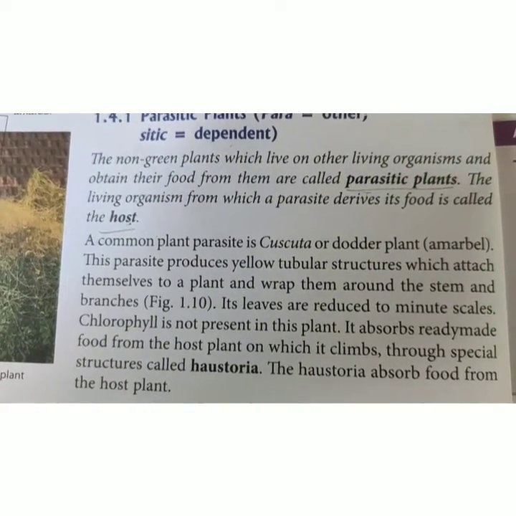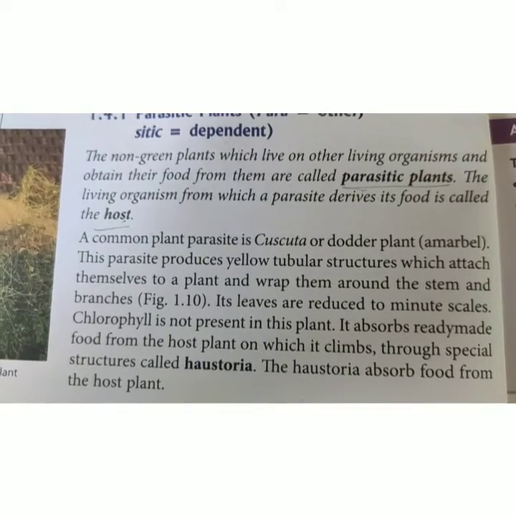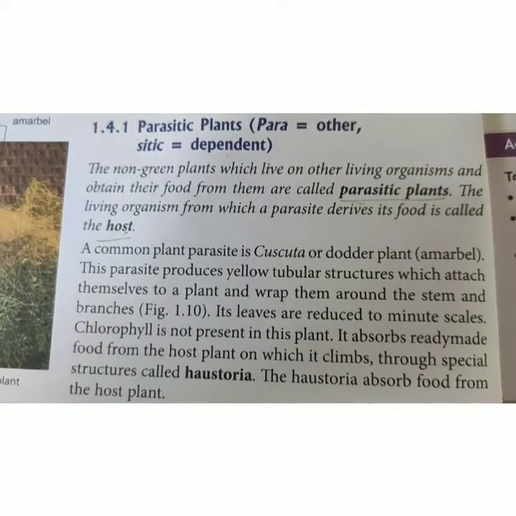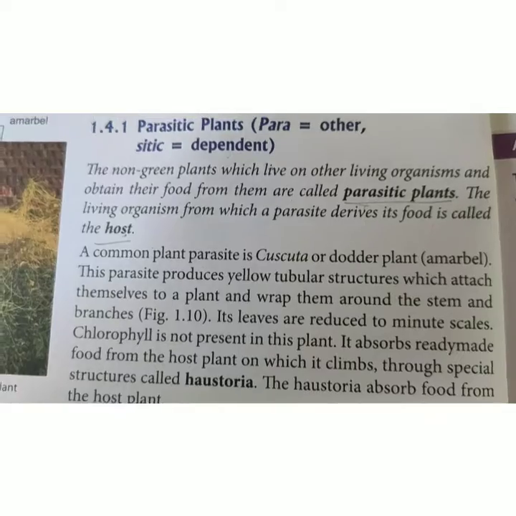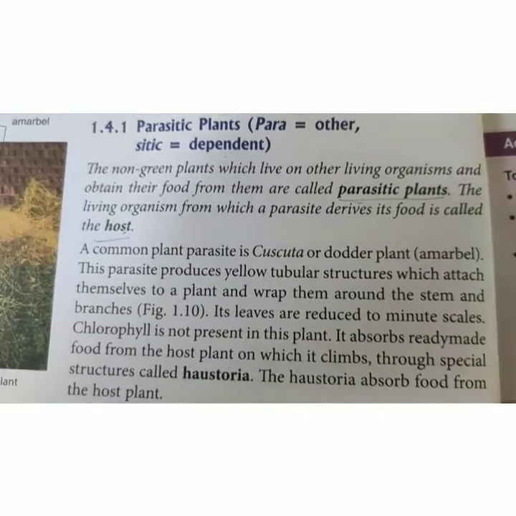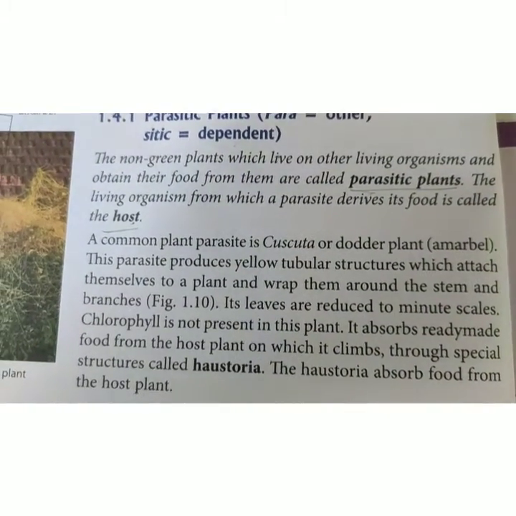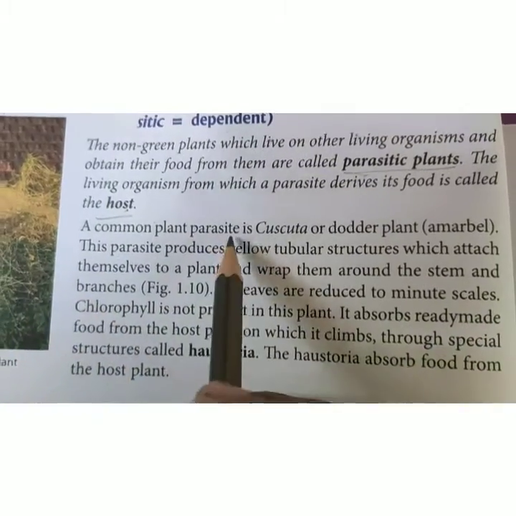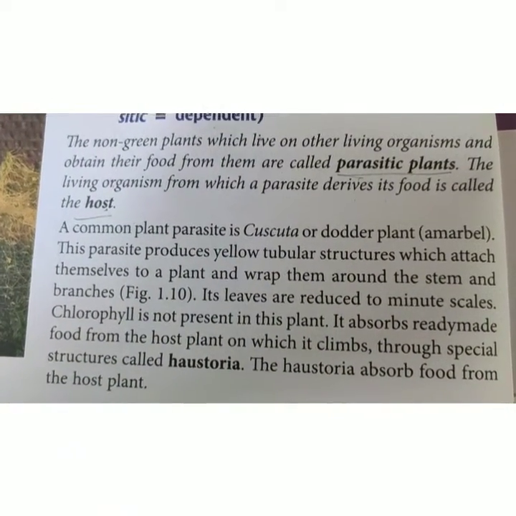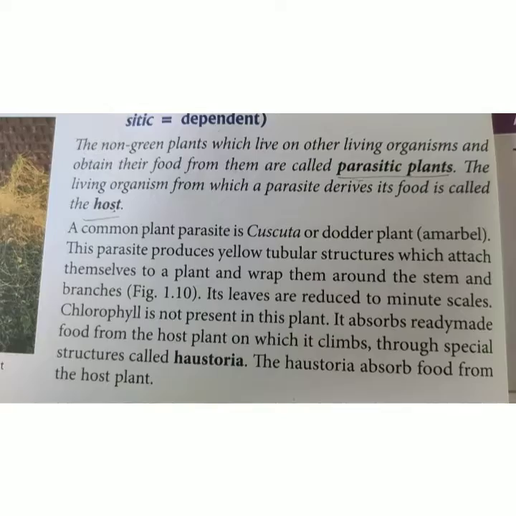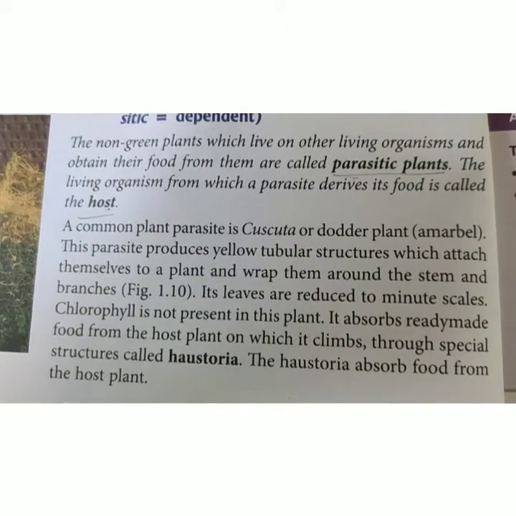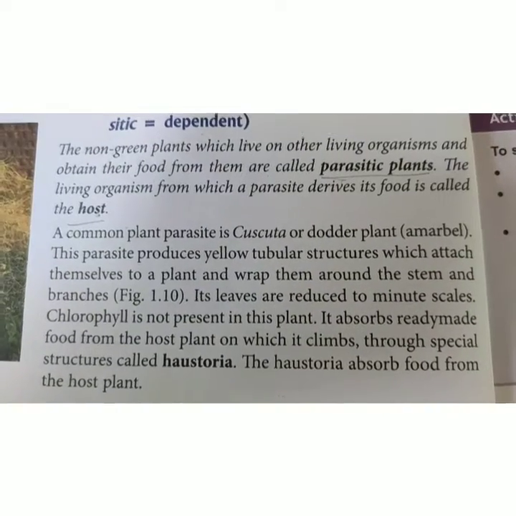It's like roots, and it goes and covers the whole plant. And the leaves of this amarbel or cuscuta have been reduced to scales, meaning there are no more leaves, just like the scales you have on fish.